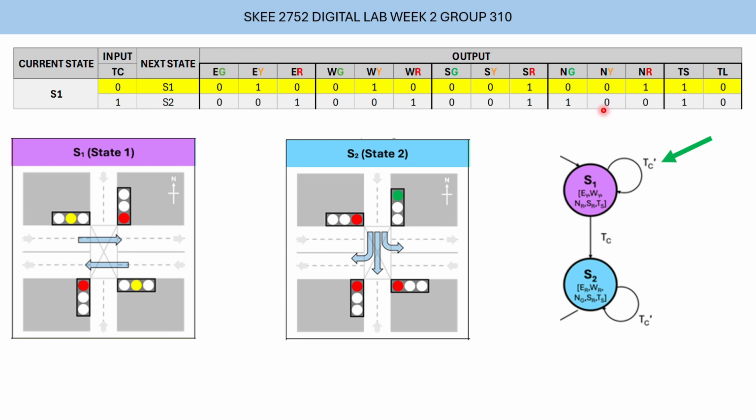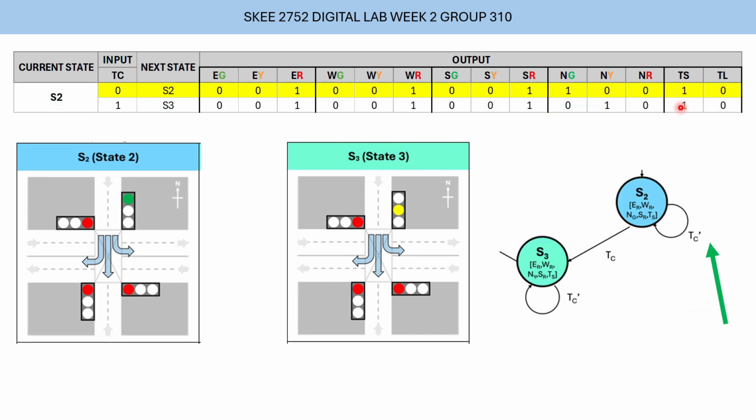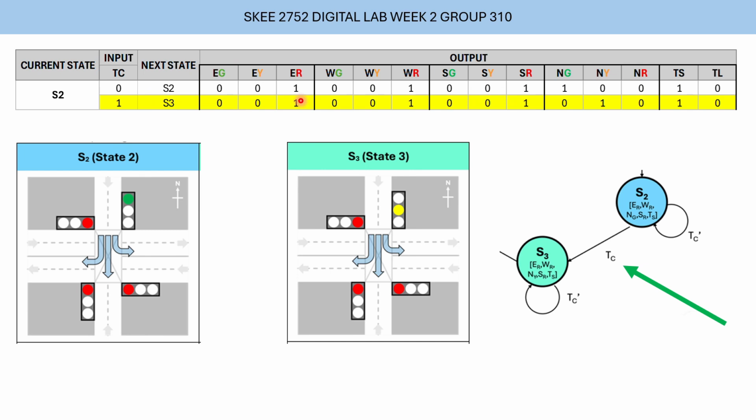If state 1 receives a signal, we go to state 2, in which only north will be green, the other 3 sides will be red, short timer. When state 2 did not receive any signal, only north will be green, the other 3 sides will be red, short timer. When state 2 receives a signal from TC, we go to state 3, only north will be yellow, the other 3 sides will be red, short timer, TS will be on.